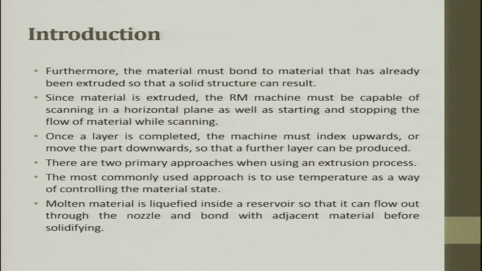Further, the material must bond to the material that has already been extruded so that a solid structure can result. For example, you have made an H. Suppose you wanted to make a line like this. When you make one pass through the nozzle, you get only one line.